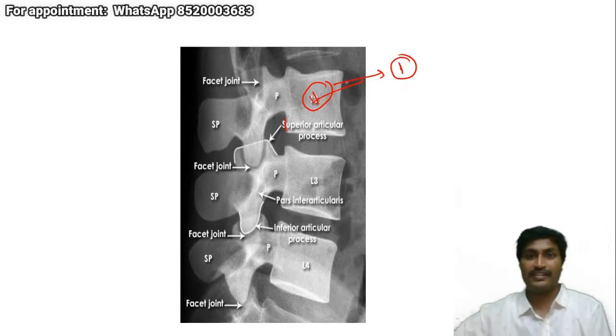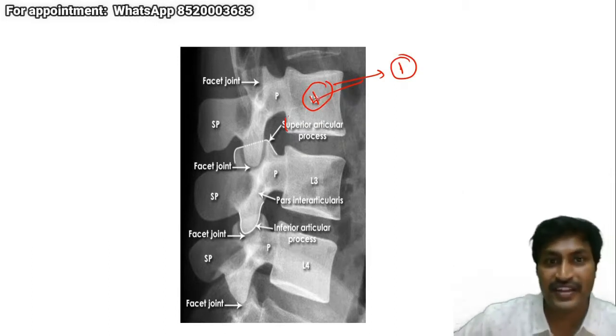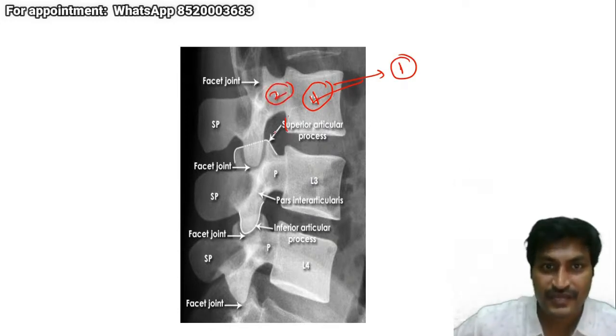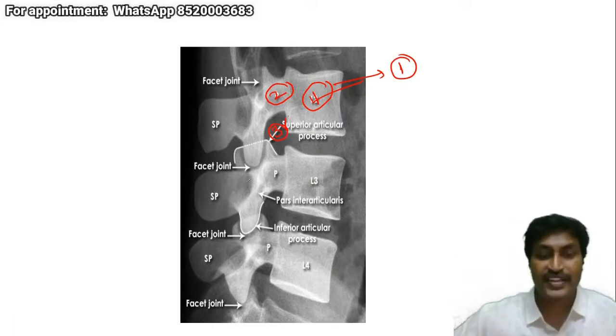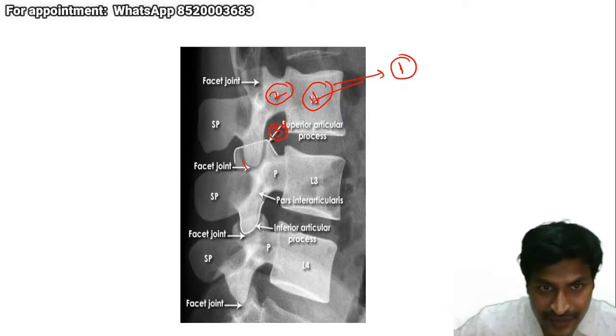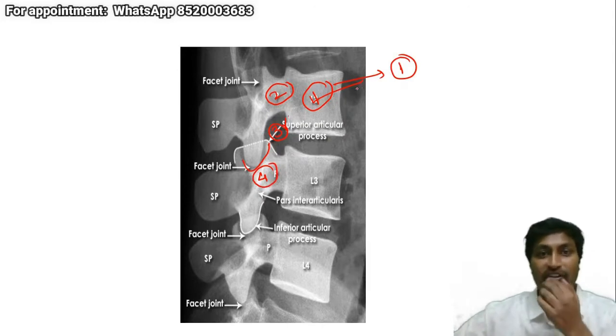Oh, there's a delay. So again, let me revise. Structure one is the vertebral body. What is structure two? What is structure three? What is this one? This joint. What is structure four?